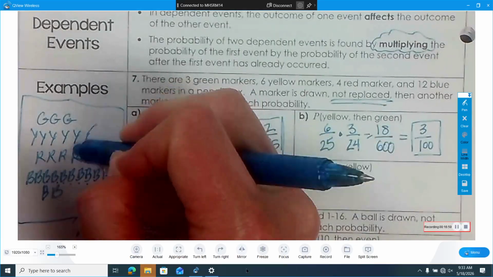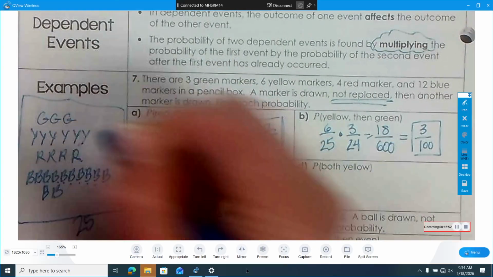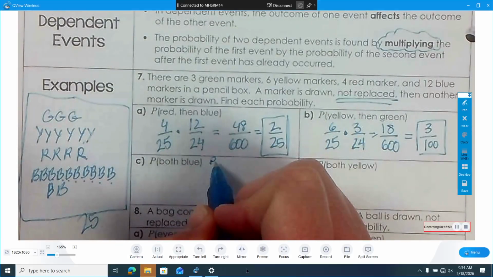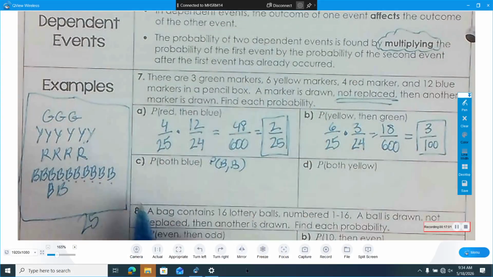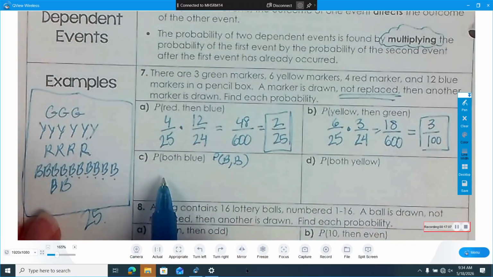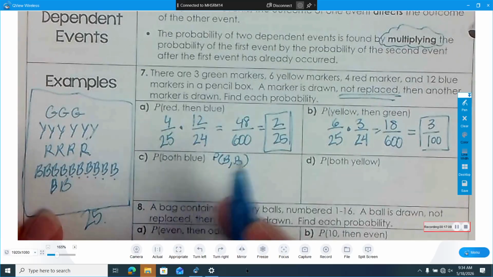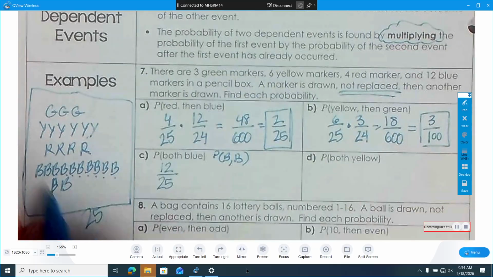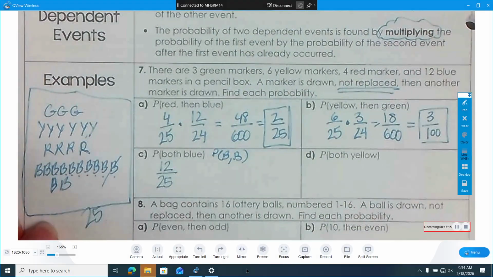All right, I'm putting my marble back. So I have a full set, what we started with once again. Now, what's the probability I get a blue followed by a blue? What's the probability I draw one blue? 12 out of 25. Oh, I got one.